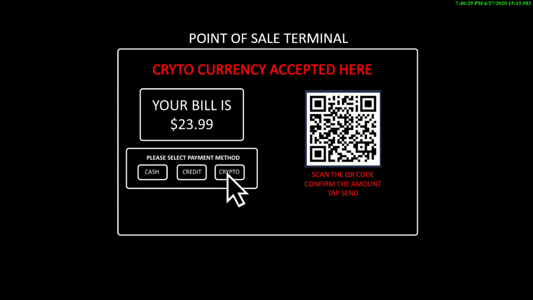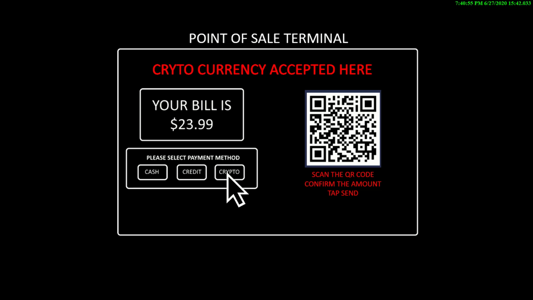This is an example of a point-of-sale terminal. This would be the screen facing the consumer, and it would have on it the transaction amount that the cashier would have typed in, and then it gives the consumer the option of clicking they're paying in cash, clicking they are paying by credit, or clicking the crypto button.